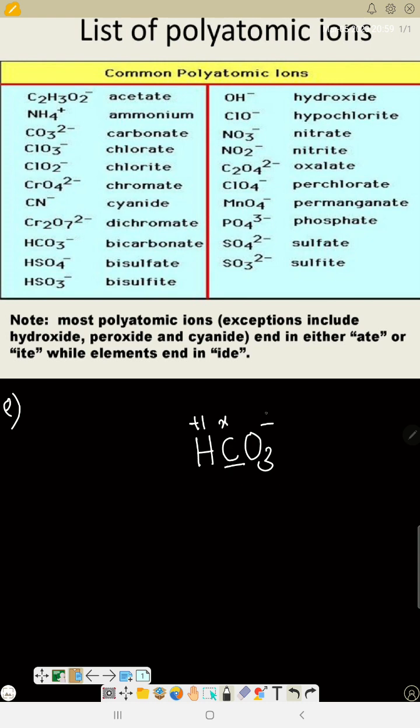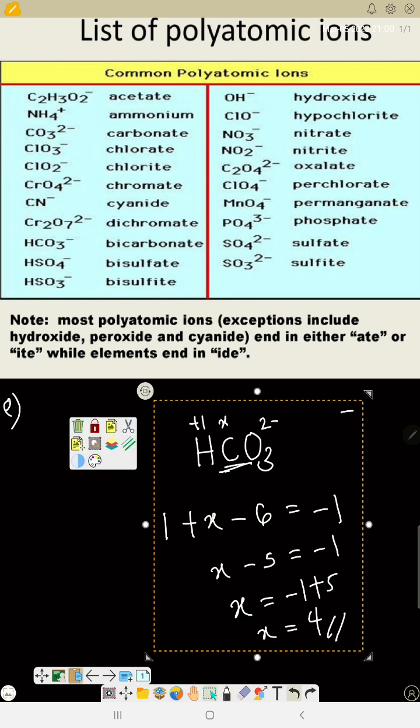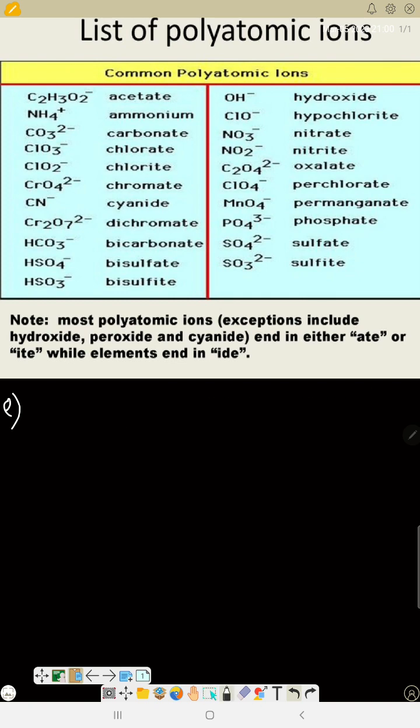The one I underline is X. Oxygen is 2 minus, but this is their total charge. So I have 1 plus X minus 6 equals minus 1, their total charge. So X minus 5 equals minus 1. X equals minus 1 plus 5. X equals 4. So the valency of carbon here is 4. So this is hydrogen trioxocarbonate 4. Like that. That will be the full pronunciation.